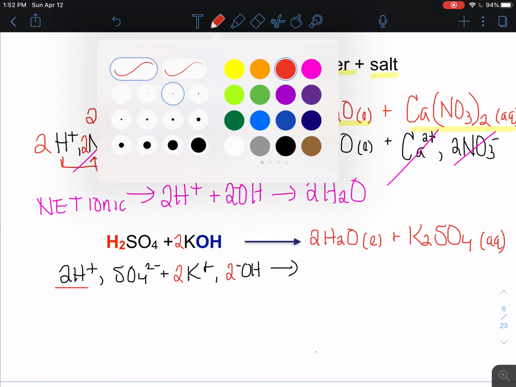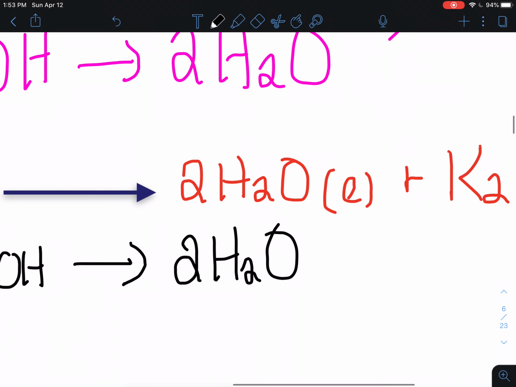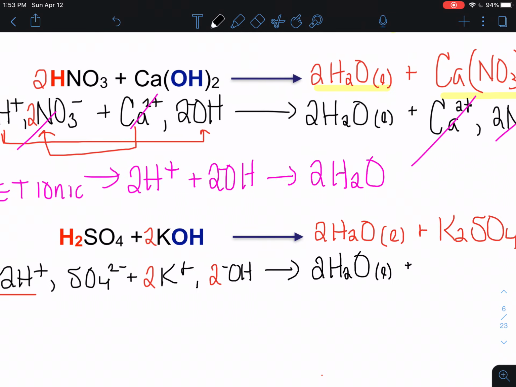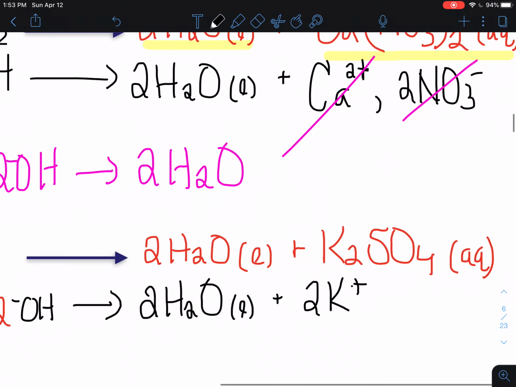So now when I write my total ionic, I'm going to bring 2H2O down because now it's a molecular compound and I can't break that up. You can only break up ionic compounds that are soluble, like this one. And we have 2K+ and SO4 2-.